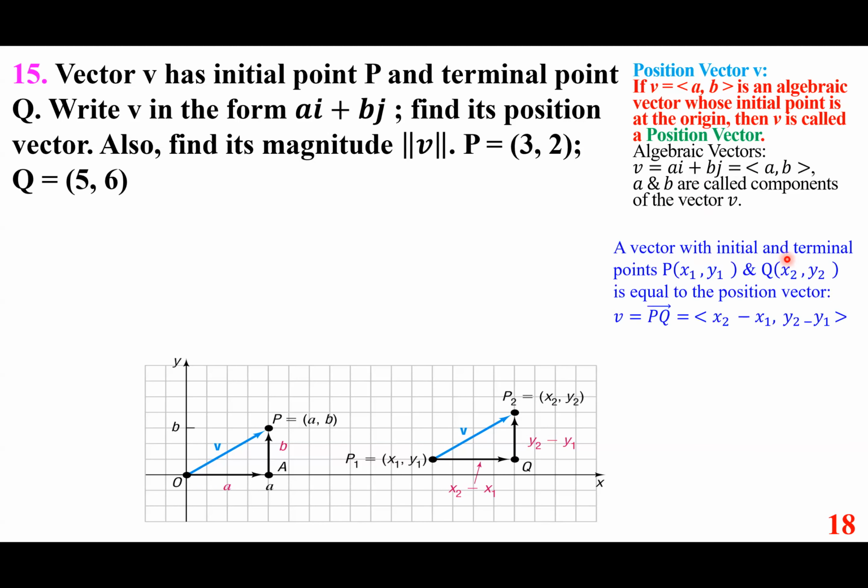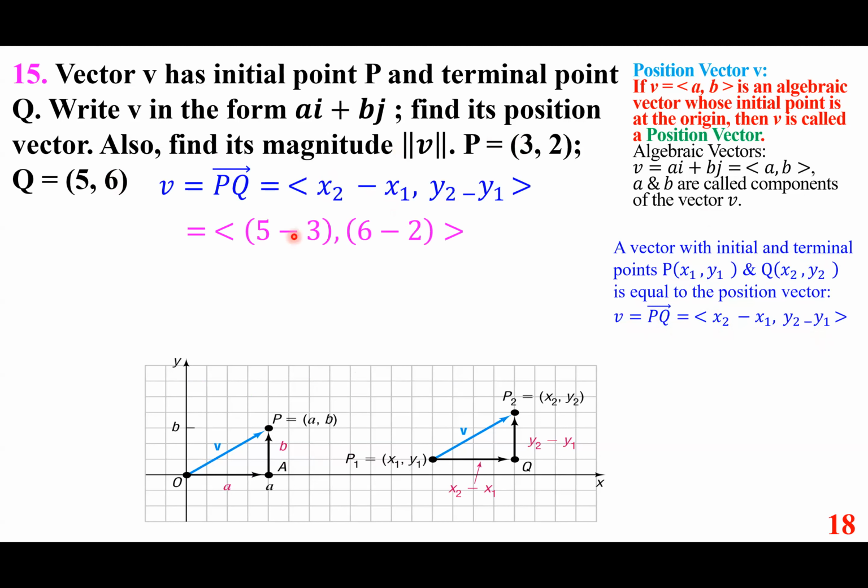A vector with initial and terminal points p and q is equal to the position vector v, or PQ vector, x sub 2 minus x sub 1 comma y sub 2 minus y sub 1. So with that being the case, let's use it here. x sub 2 minus x sub 1, 5 minus 3. y sub 2 minus y sub 1, 6 minus 2.